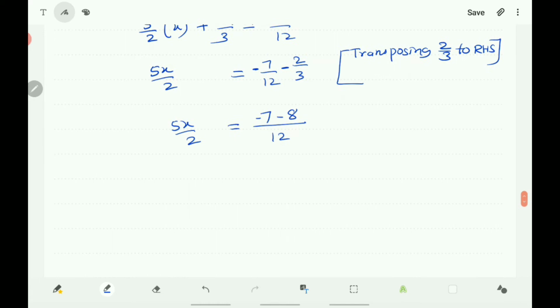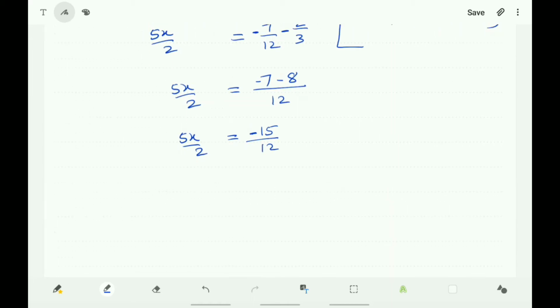Then 5x by 2 is equals to the sum of minus 7 and minus 8. Both are having the same sign, so you add them and put the negative sign. Sum of minus 7 and minus 8 becomes minus 15 by 12.